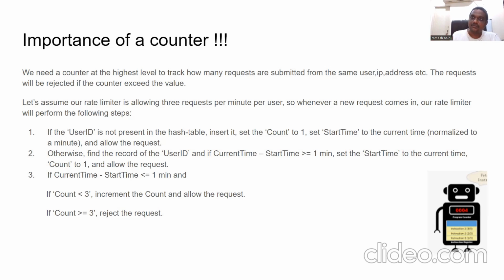And ultimately, when the counter reaches the threshold value, we block the request. So the most important thing here is the counter, because that is how we track how many requests are submitted from the same IP address or from the same user, how many should be allowed, and how many should be rejected. So all of this depends on the counter, and the counter needs to perform well.